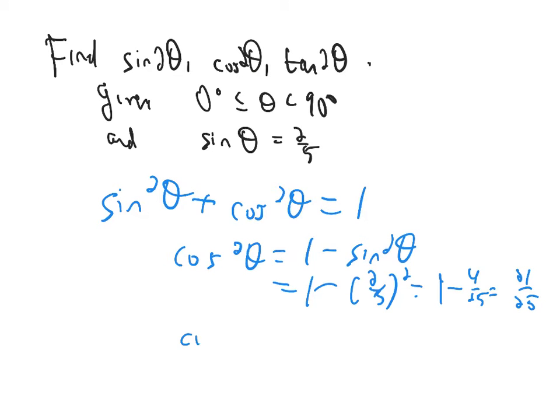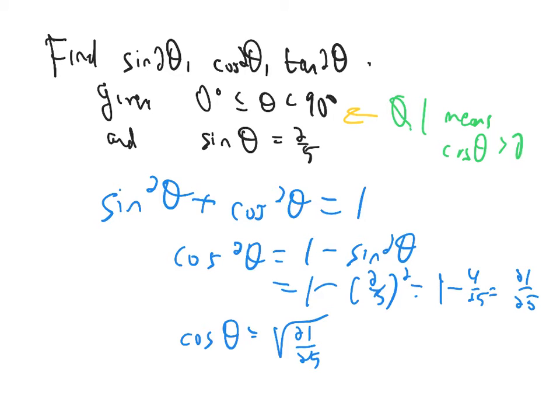And therefore cosine of theta is the square root of 21/25. We can take the positive root because we know that we're in the first quadrant. First quadrant means that cosine theta must be positive, so we end up with cosine theta is the square root of 21 over 5.